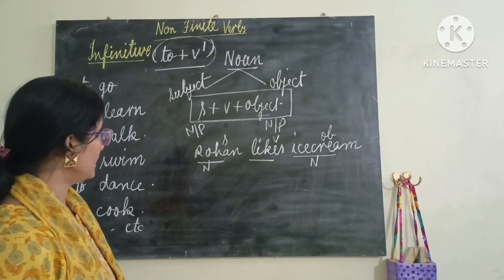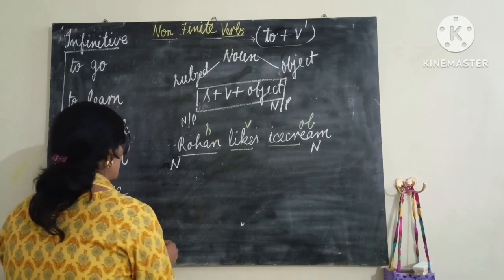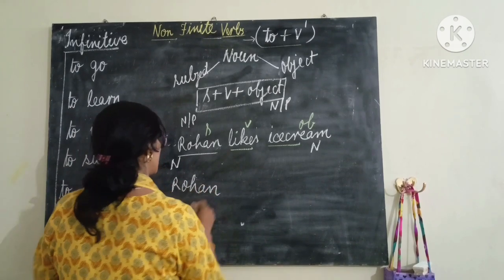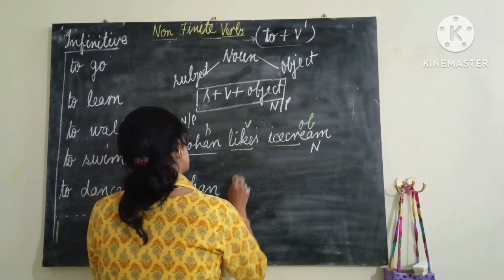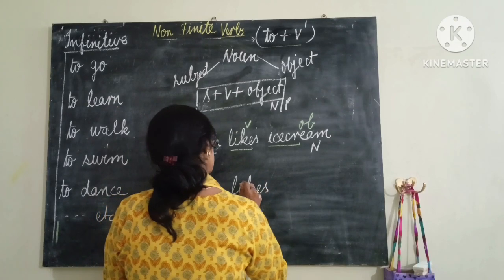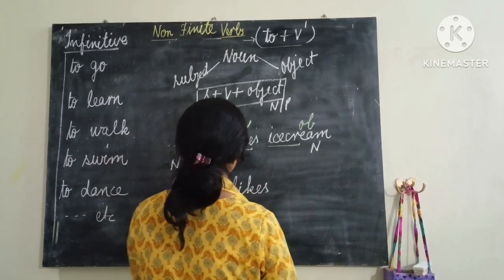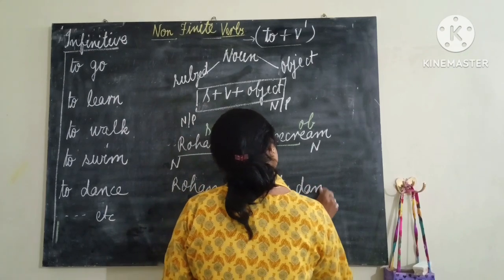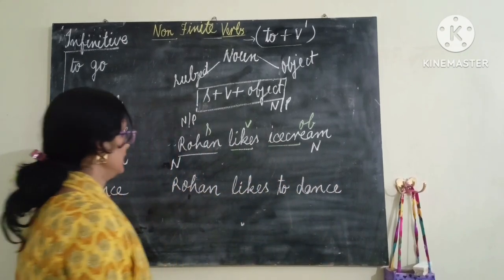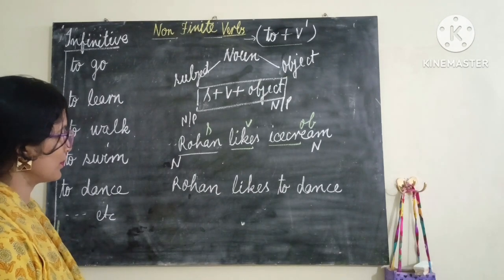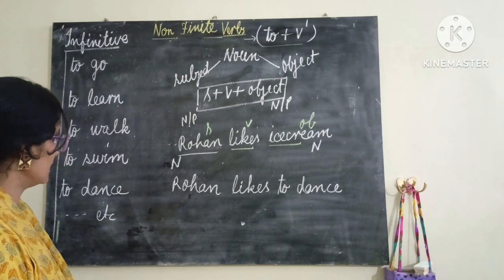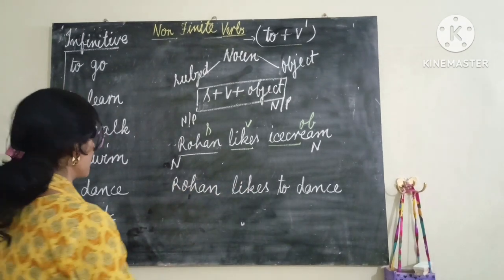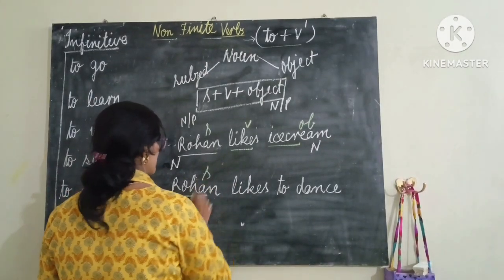Let's take one more example. Now, if I write the sentence, Rohan, we have written the same subject, likes, the same verb. Now, in place of ice cream, let's write: Rohan likes to dance. Now, you tell me what is the subject, verb, object here. First of all, Rohan. We are talking about Rohan here, so Rohan is the subject.